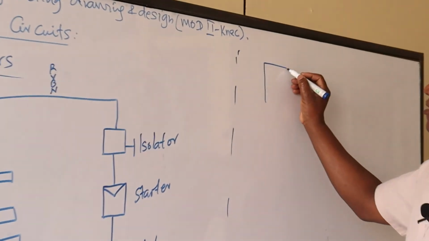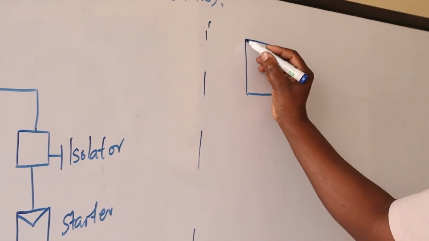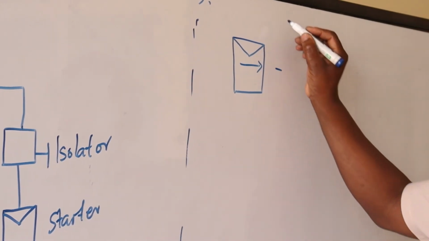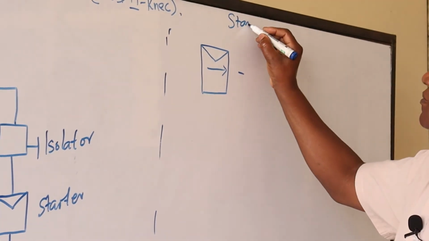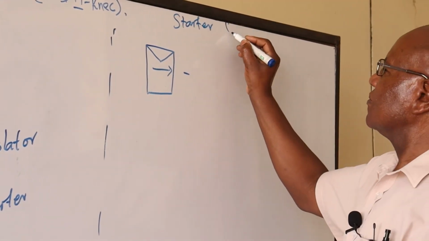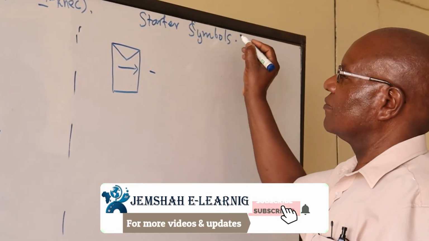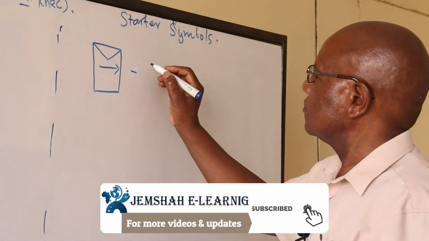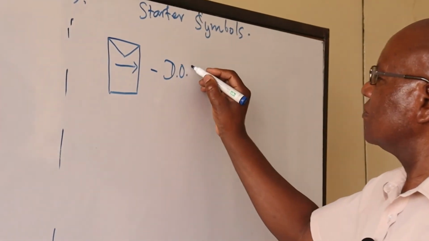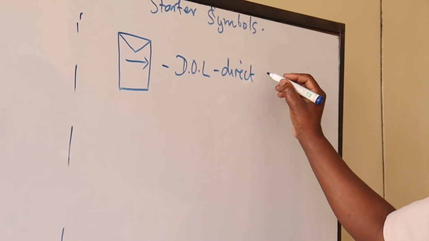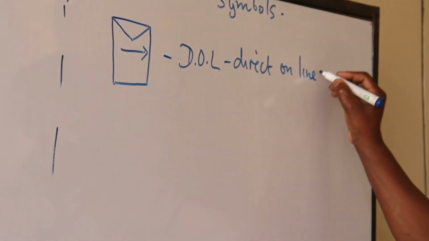Apart from the general symbol, we have what we refer to as the DOL, direct online starter.